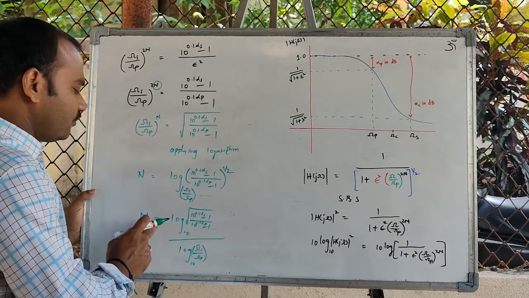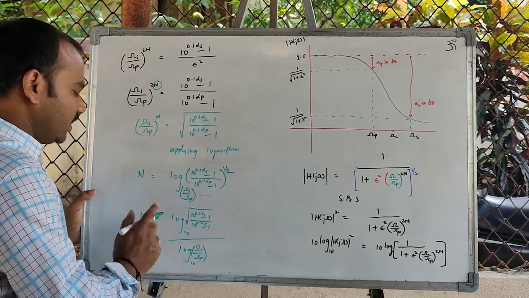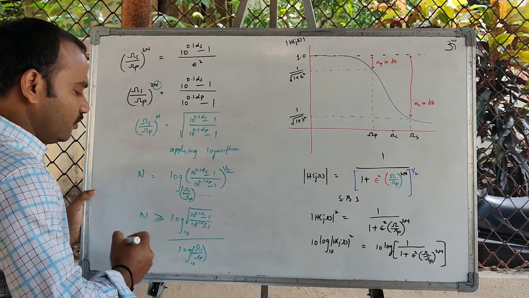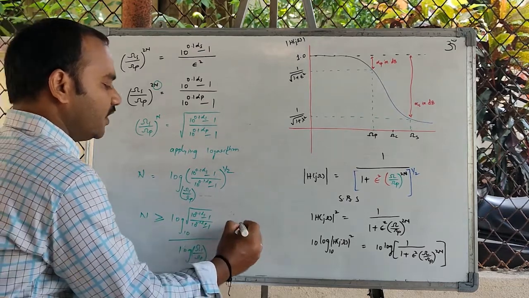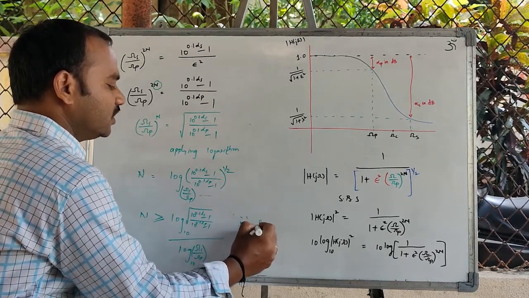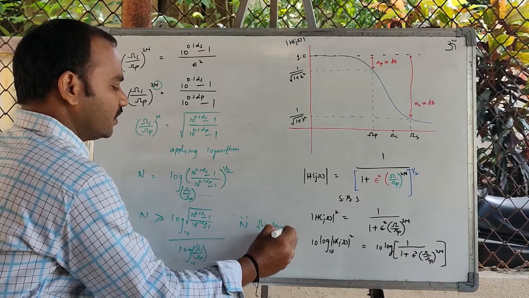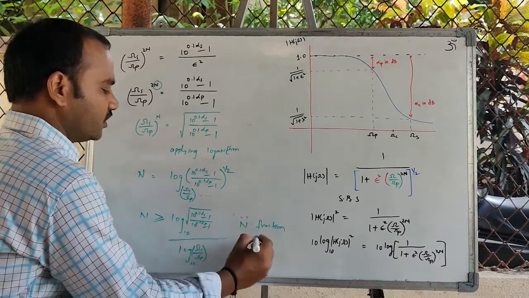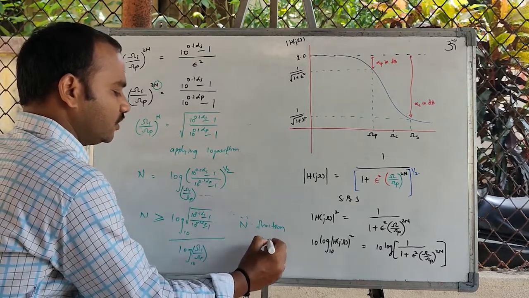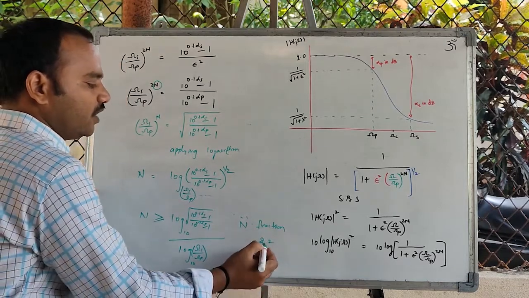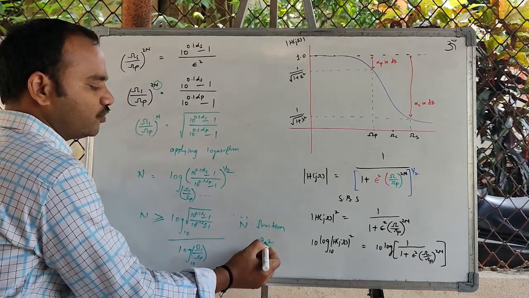Here instead of equal to, we will consider it as greater than or equal to. The reason is whenever the n value is a fraction, that is, this one will give you a fraction. Say if it is 2.2, then we are not going to have an order of 2.2.